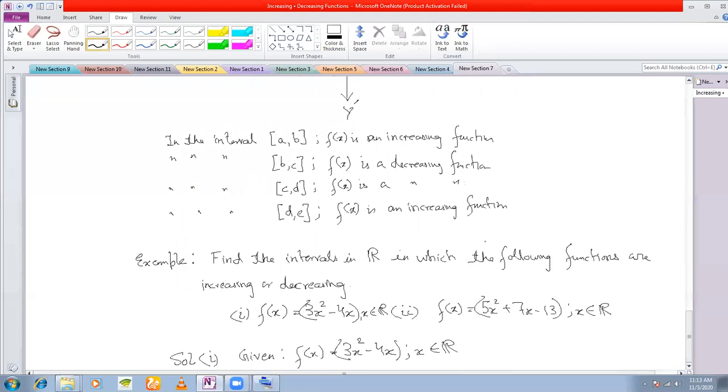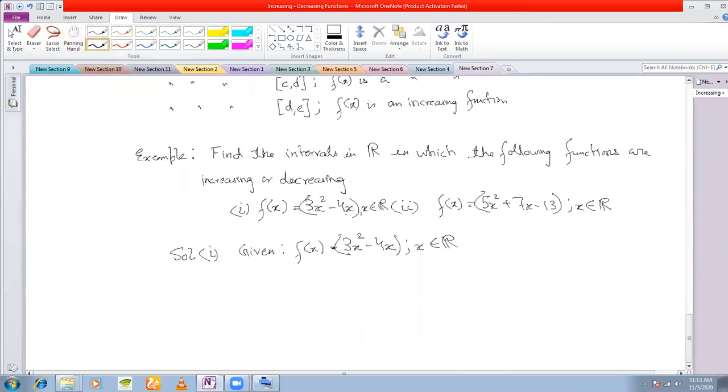So coming back to this example, fx is equal to 3x square minus 4x. If I want to find out for what values of x the function is increasing or decreasing, first we need to find out the turning points. Understood? How do you find out the turning points?